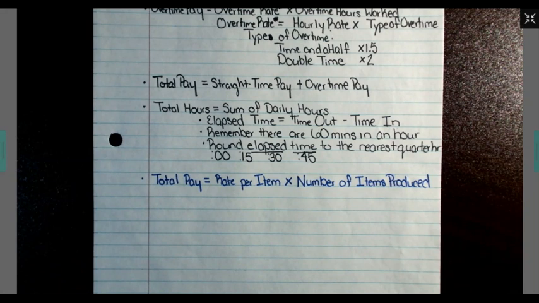So again, that was rate per item times the number of items produced.